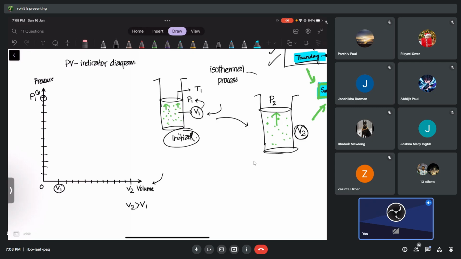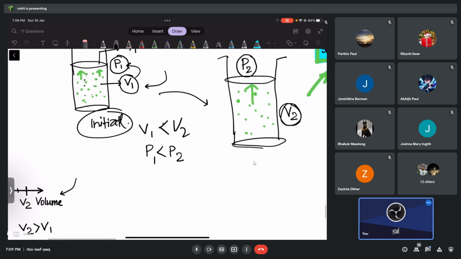Because it is isothermal, the pressure is now P2, and we can obviously say that the pressure P2 will be smaller than pressure P1. Volume V1 is smaller than V2, but pressure P1 is greater than P2.